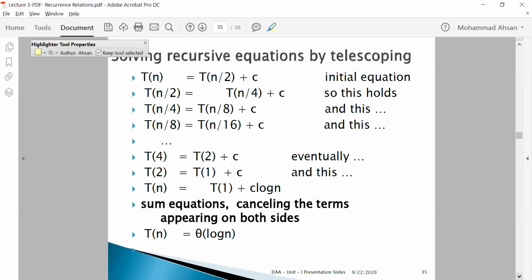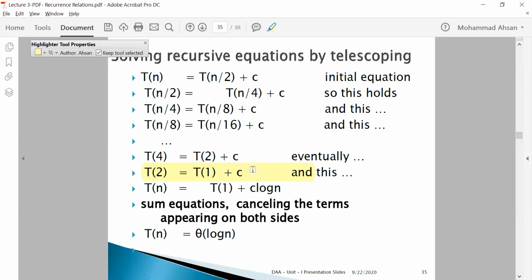Since it's a binary type of n equal to n by 2, your base case will be T2. T2 is equal to T1 plus C. So last, when you are left with two elements, let's say in merge sort or quick sort, then you get T1, one each in each of the directions, and C. So till here is where your iteration ends.